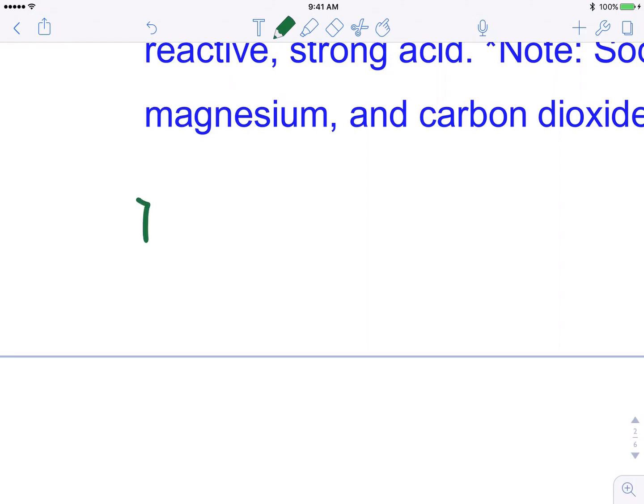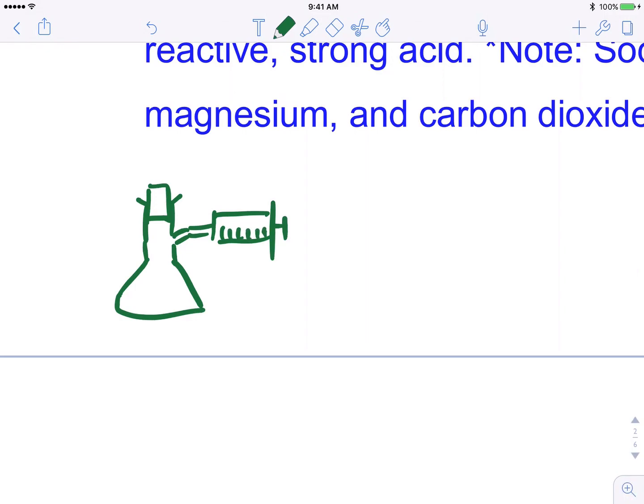There's a conical flask with a side arm. Then I attach it to a gas syringe. This is the solution and this is the magnesium. This is the acid, an unknown acid. What happens is effervescence will be produced and the gas will push back the syringe.